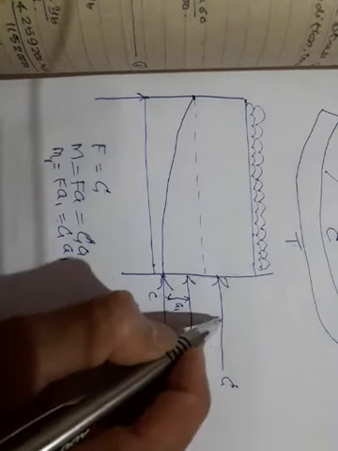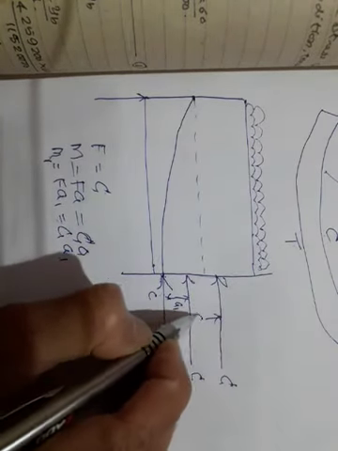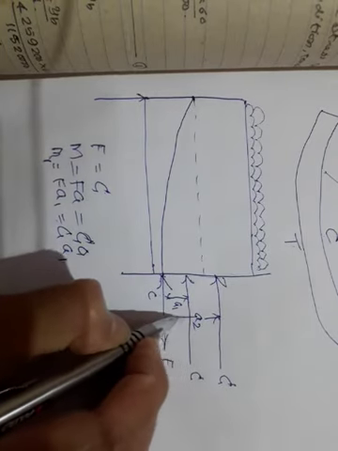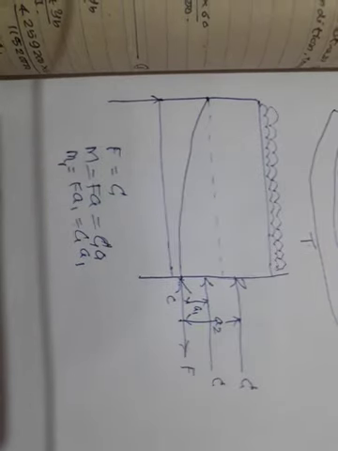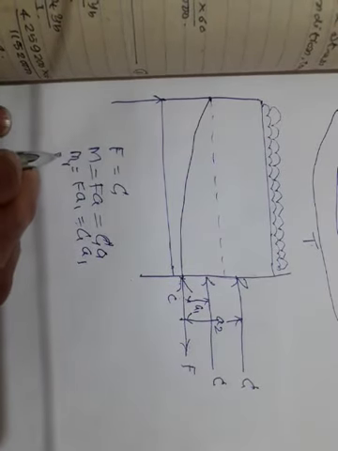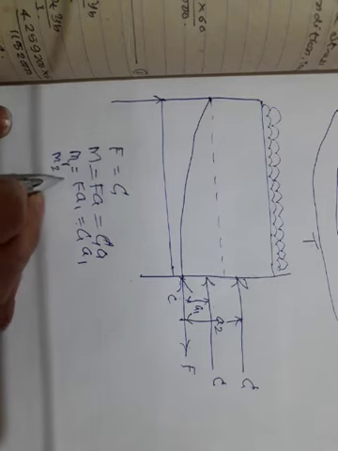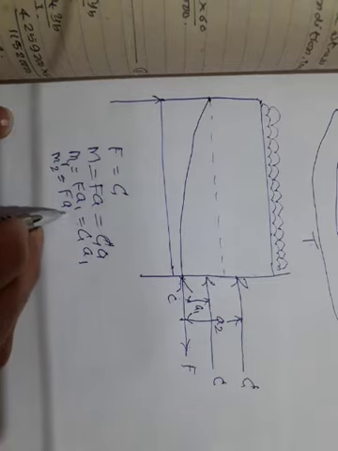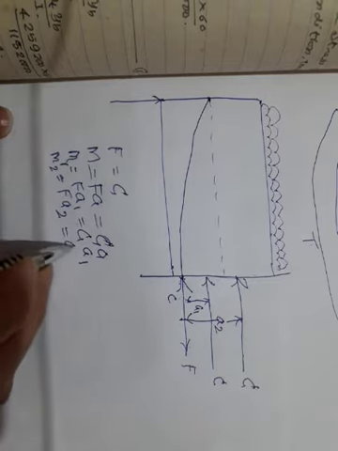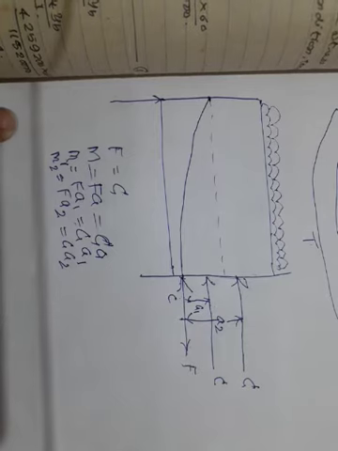This is C. This is your new lever arm A2. So now I can say that your M2, the new moment of resistance or the new bending moment, is resisted by this couple, F into A2 or C into A2. Am I right, sir?